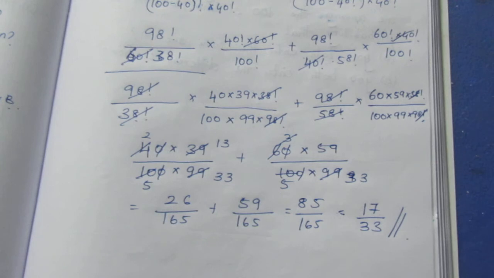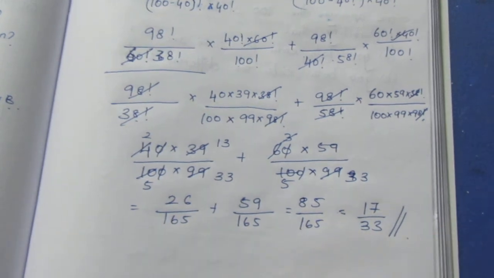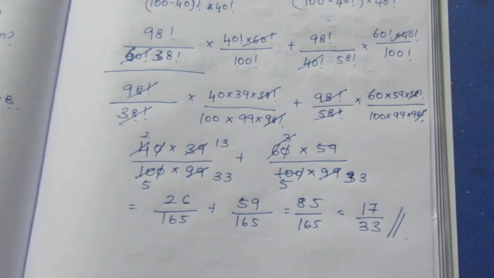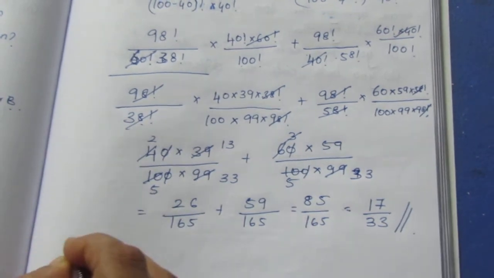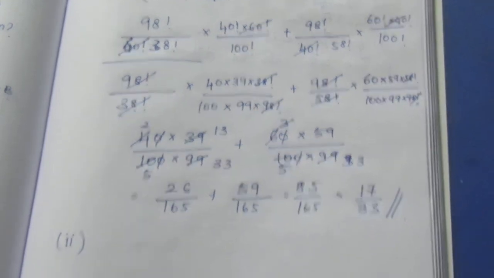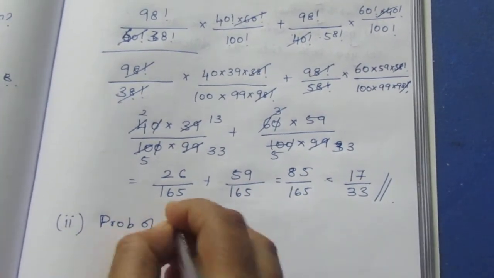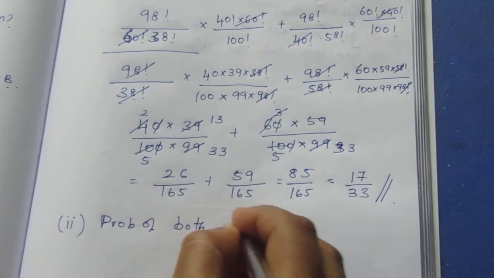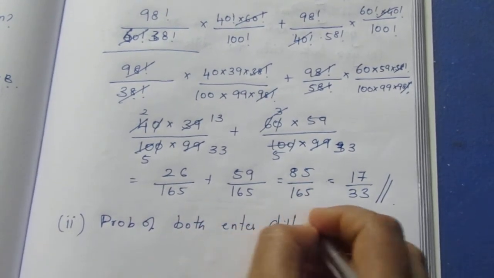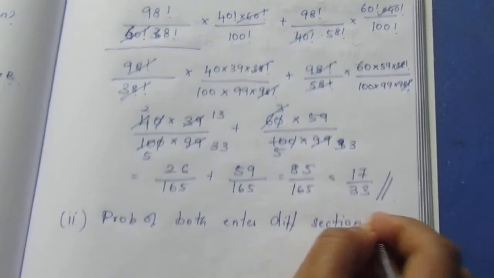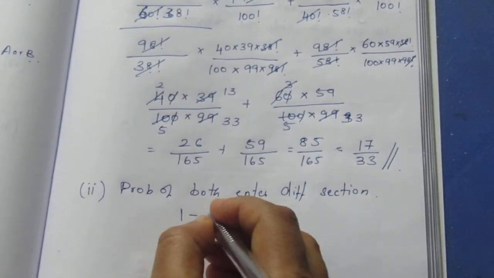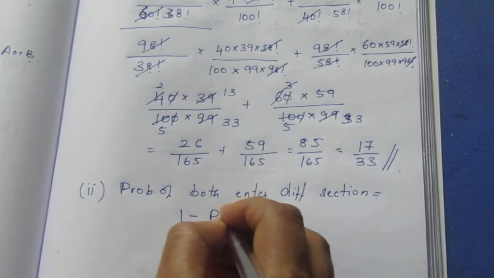This is your final answer for the sum for the first subdivision, you both enter the same section. So the probability that both enter the same section is 17 by 33. In the second subdivision, they ask for both entering different sections. That is nothing but 1 minus the probability that both enter the same section.